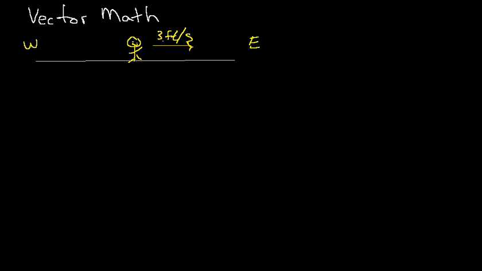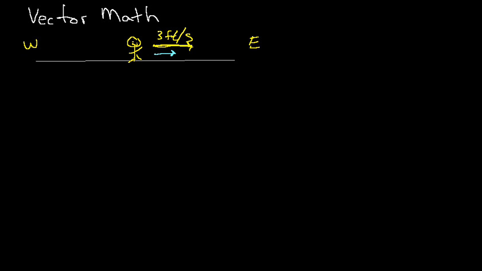So if you look at the vector, the length of the vector here will represent the magnitude, and the arrowhead will tell us the direction. So would you guess that if he slowed down a little bit and only walked 1.5 feet a second, his vector might look something like this?